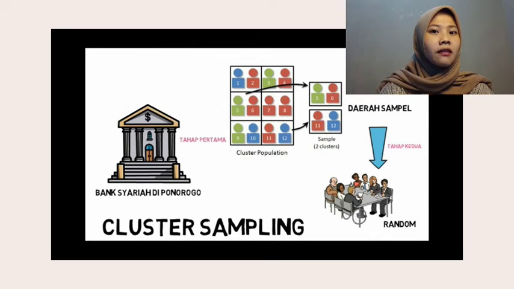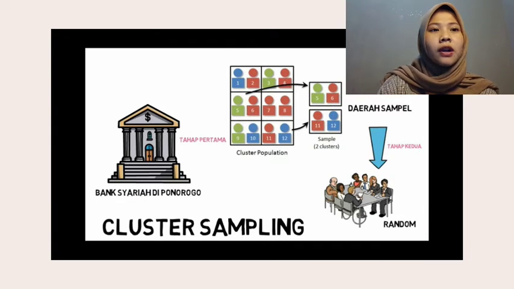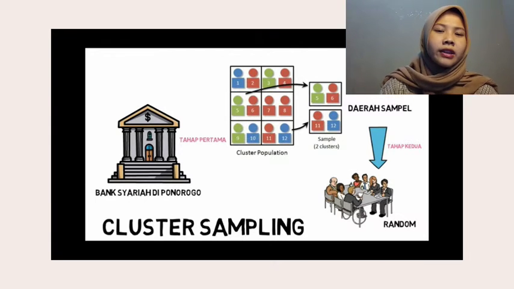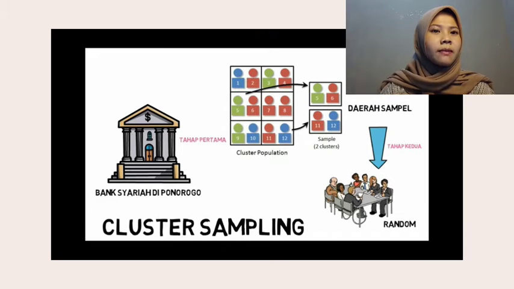First, we determine the areas: Islamic bank number 1 is mapped with Islamic bank number 2, 3 with 4, and so on. Once we have determined how many areas we will examine, the researchers set two areas to be sampled. In these two areas, there are Islamic bank number 5 with 6, and Islamic bank number 11 with 12. Once the areas have been determined, the next step is to determine the subjects in each sample area, who will be chosen randomly.